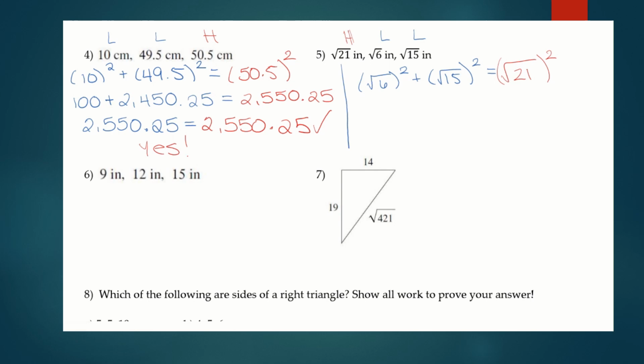All right, the square root of 6 squared, the squared undoes the square root, leaving us with just 6. Same here, leaving us with just 15. And same on the right side, leaving us with just 21. 6 plus 15 gives us 21. Does that equal my right side in red? You betcha. So number 5 represents a right triangle as well.